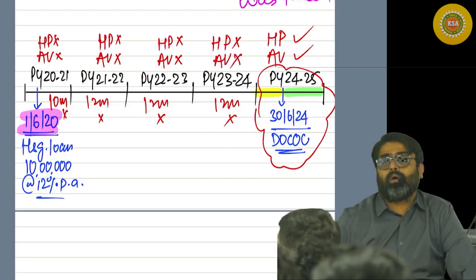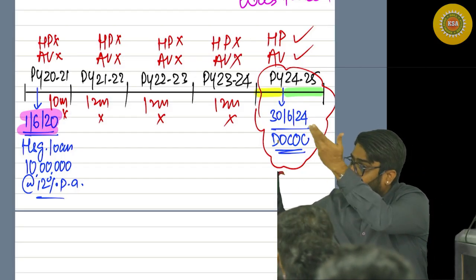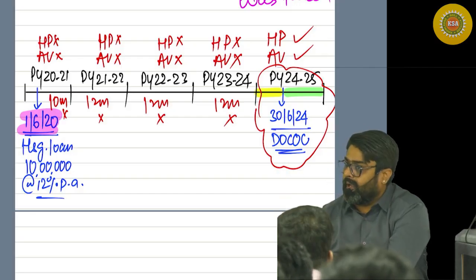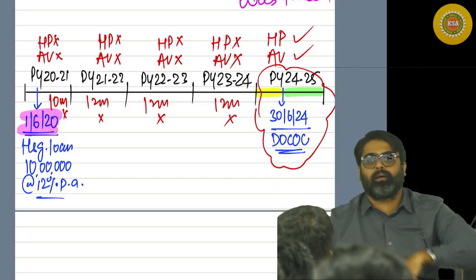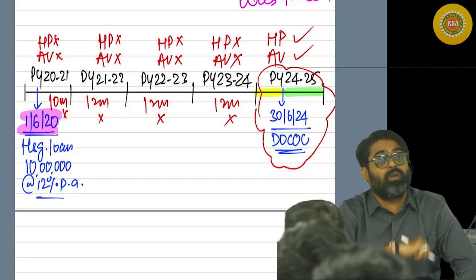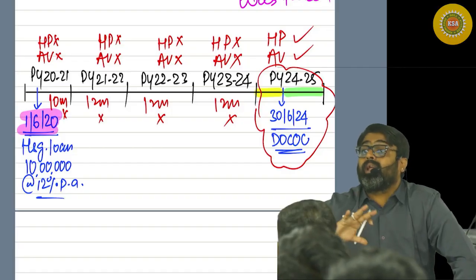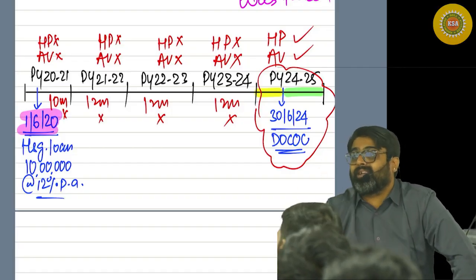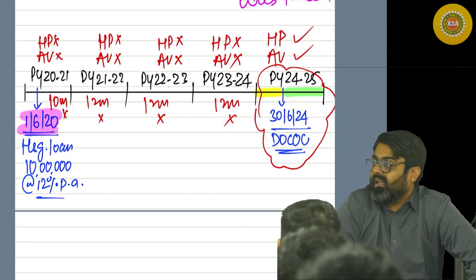If there is no annual value, there is no house property. Hence, there was no deduction for interest for that period. Even though the interest was interest on housing loan, it remained disallowed. It remained to be claimed as a deduction because in that period there was no property available.